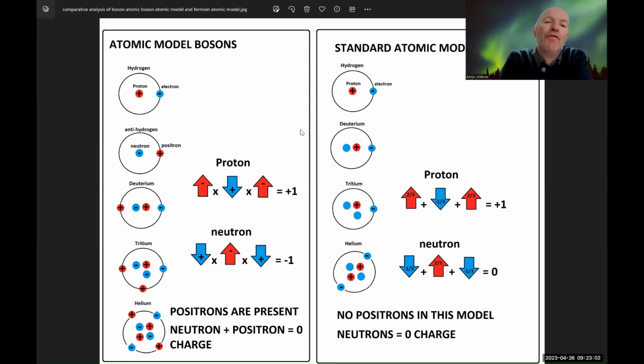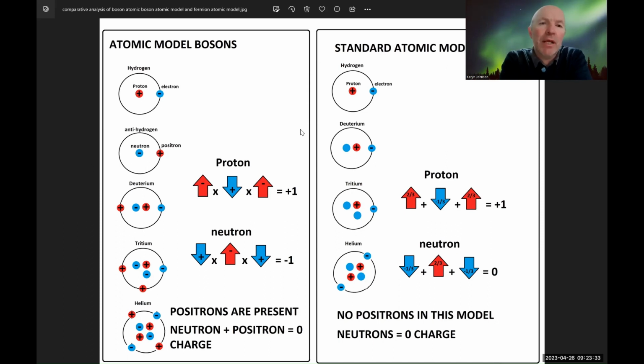So this is a new framework in which to consider the structure of atoms. And there are further details that I'll share in other videos, but this should give you at least a glimpse into the reason why our thinking in terms of atomic structure and the periodic table needs to be reconsidered.